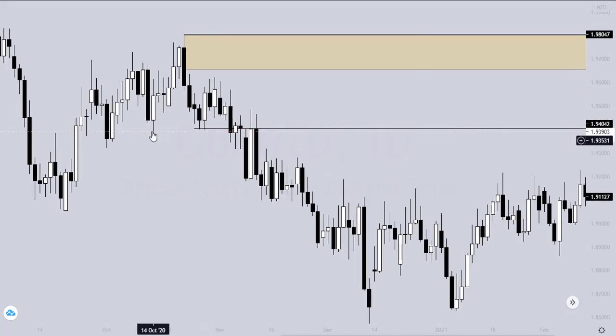Market was pushing down, retracing, then going higher first, and then pushing down. So this structure is broken. Your eyes should be here. The structure is broken here, as you can see.